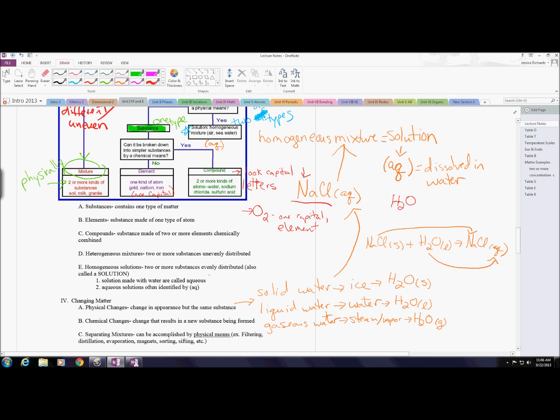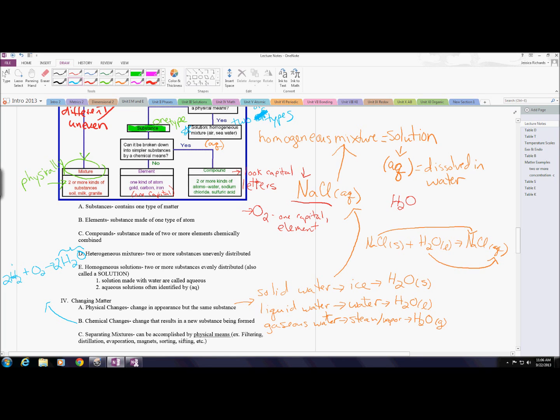In chemical changes, you're going to get a new compound altogether. So in chemical changes, we're doing some kind of chemical reaction. You know, when you put hydrogen together with oxygen and you make water, then it's different. So you have hydrogen, you have oxygen, you make water. This formula is different.